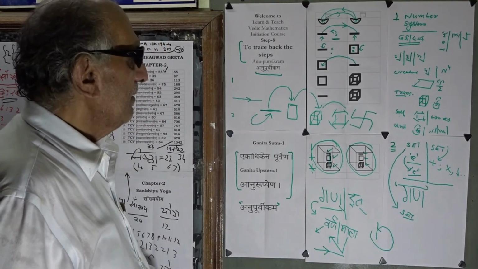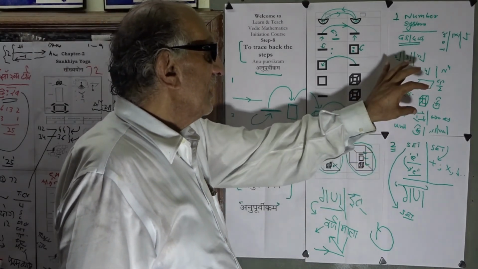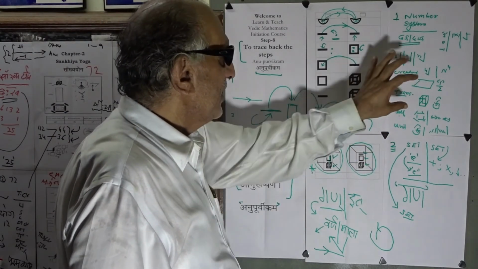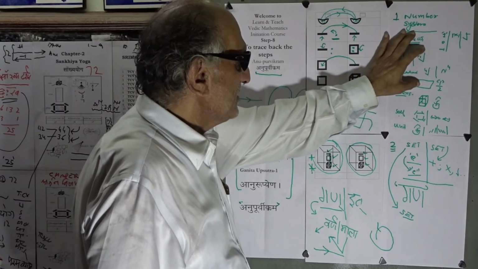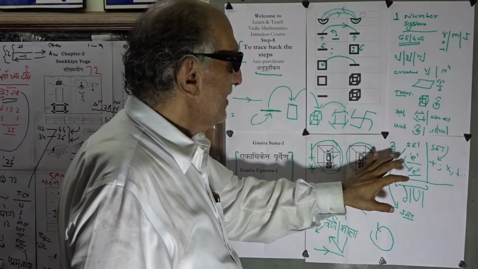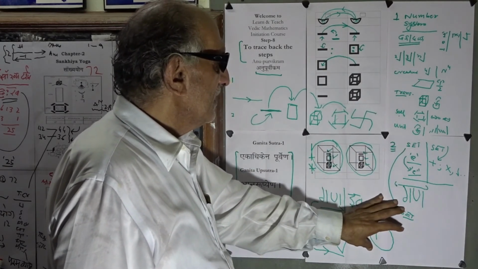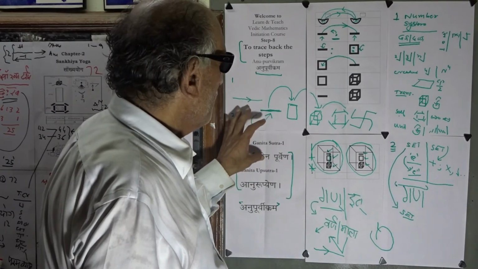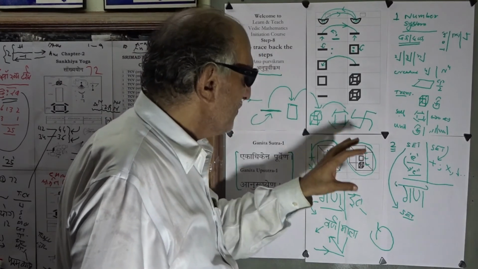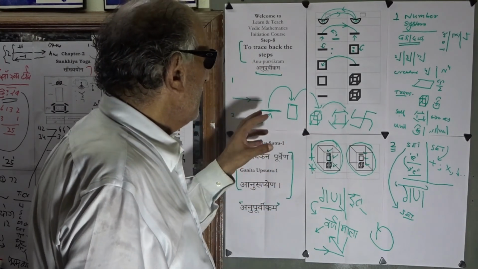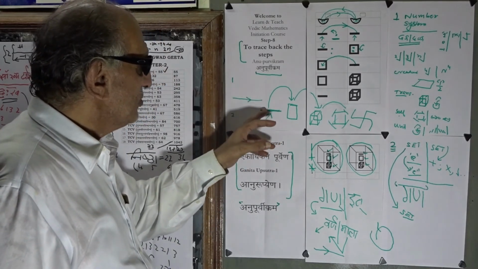Let me revise. We are having at present three groups. The first group is focusing upon number systems. The second group is focusing upon Ganas. And the third group is focusing upon transitions as transformations in the form of the dimensional orders.